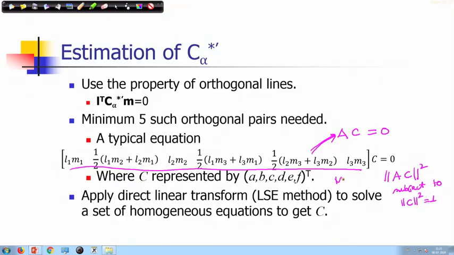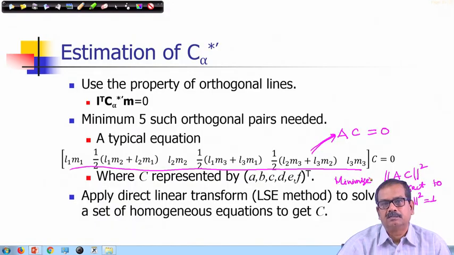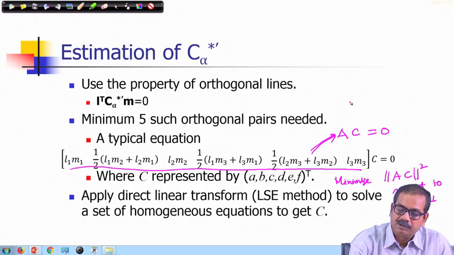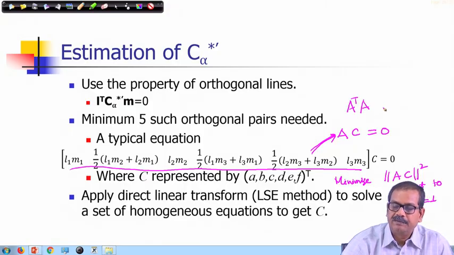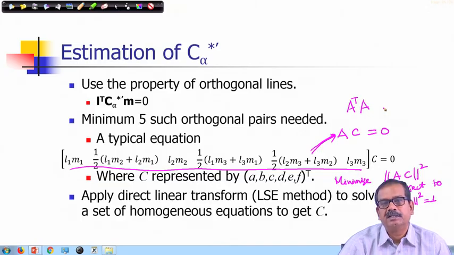So, that is the problem statement in this context that we have already discussed, and we know that the solution of this particular set of equations would be that you have to take the eigenvector of A transpose A which has the minimum eigenvalue. So, that would be the solution for this matrix C.